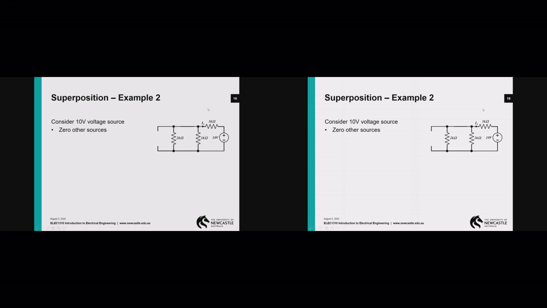Effectively, I need to know the equivalent resistance of that circuit, where I've got a 3 kilo ohm in series with these 2 resistors in parallel. If I've got that total resistance, that should tell me what I4 is.